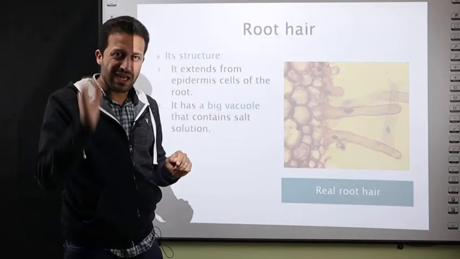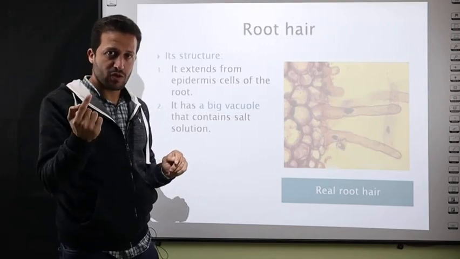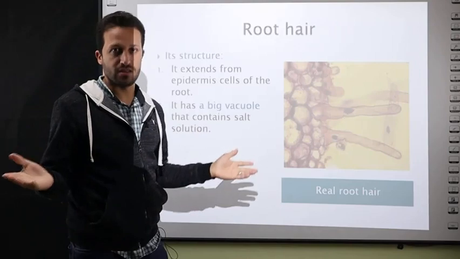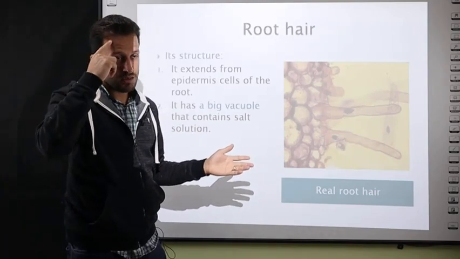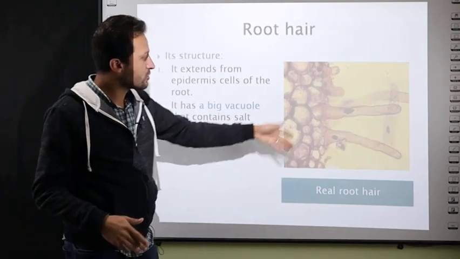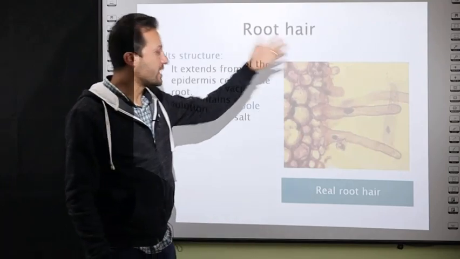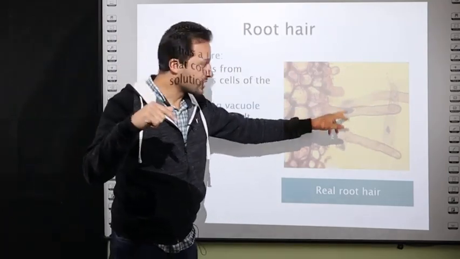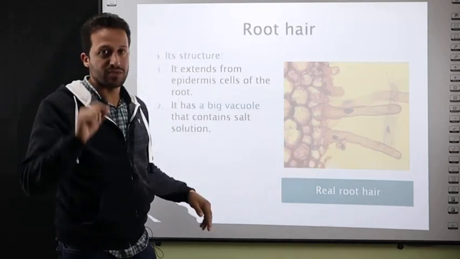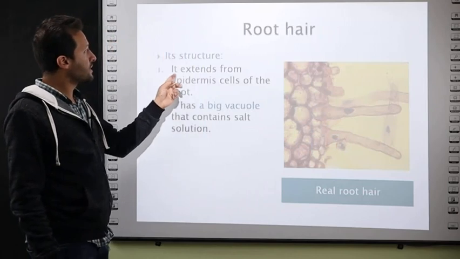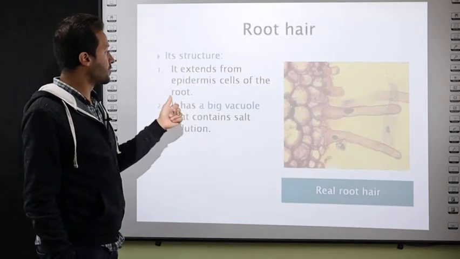So root hair is one of the epidermis cells that become bigger in size and become taller than the normal cells, like our hairs. So again, root hair is one of the cells of epidermis of the root. Its structure: it extends from epidermis cells of the root.